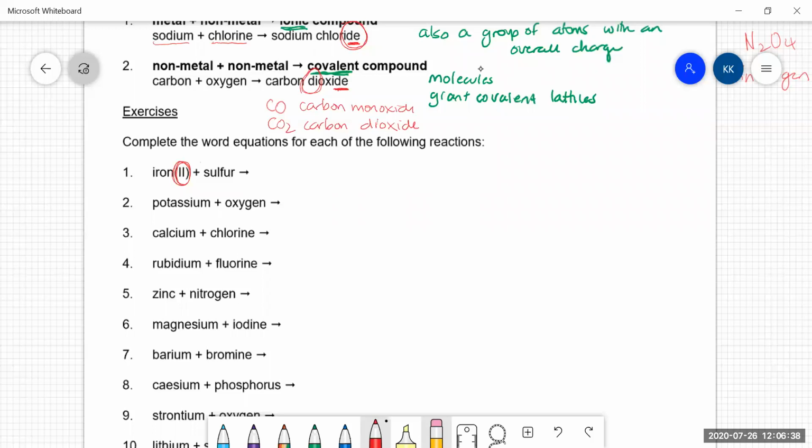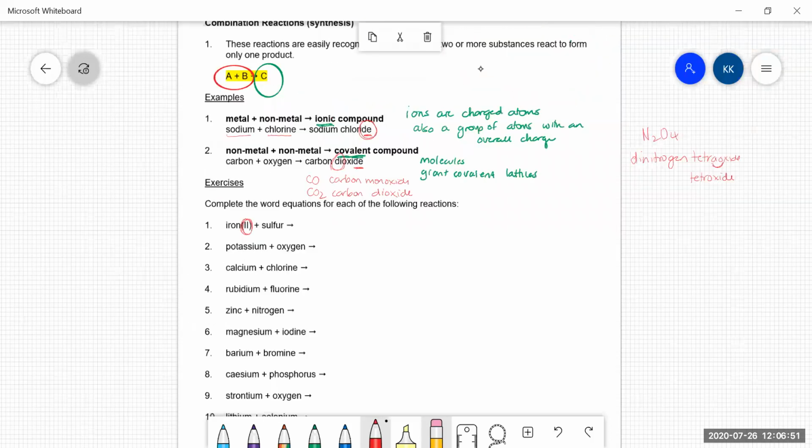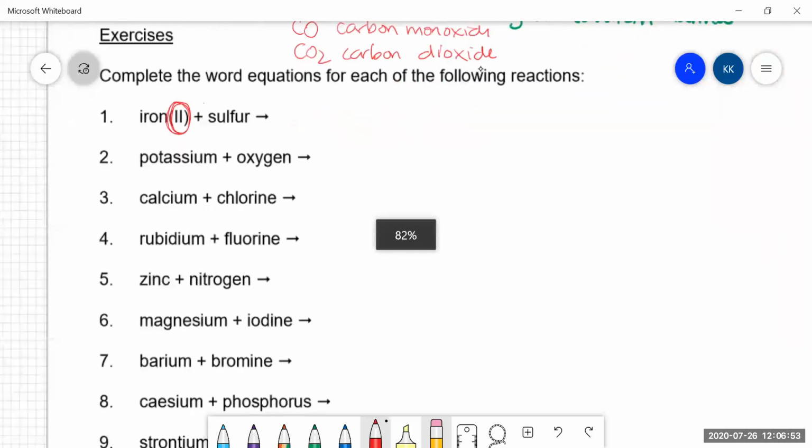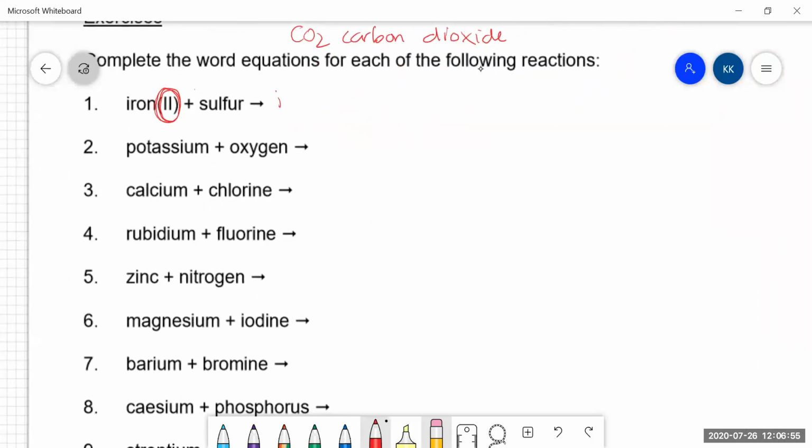I just put that there so you'd know which ion to use. So iron and sulfur, that's a metal and a non-metal. So we're going to make an ionic compound, and that ionic compound is going to be called iron 2 sulfide.